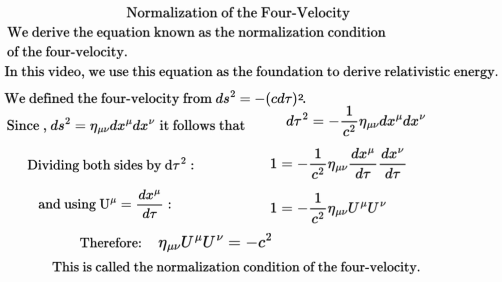Since ds² equals η_μν dx^μ dx^ν, it follows that, dividing both sides by dτ squared and using u^μ equals dx^μ over dτ, this is called the normalization condition of the velocity.